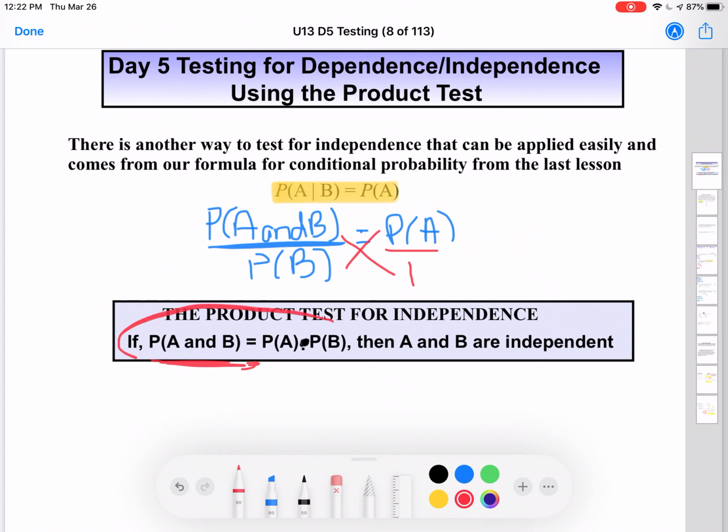And here's the formula. It's the probability of A and B is equal to the probability of A times the probability of B. So most of my students love to use this one, unless you're forced. Sometimes we're forced into using this one that we did yesterday, but if you're not forced into it, this is always what kids prefer. And we use this to find if something's independent or dependent.